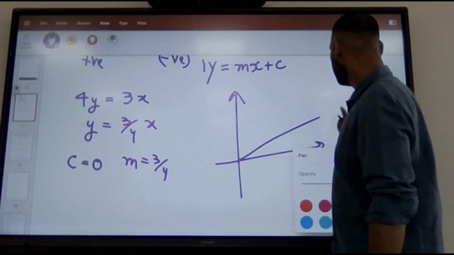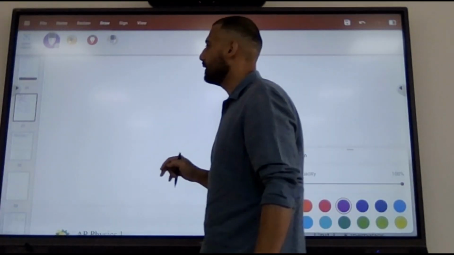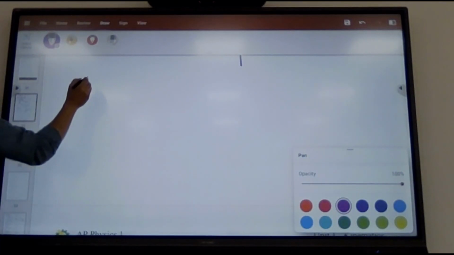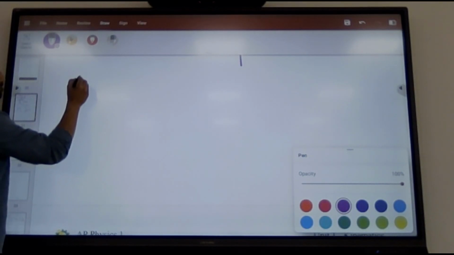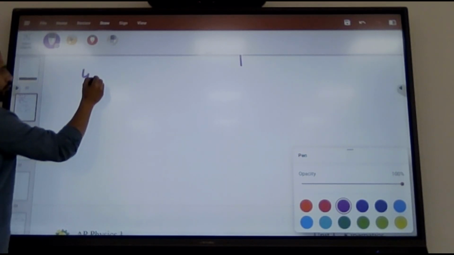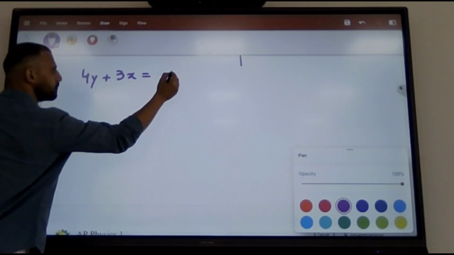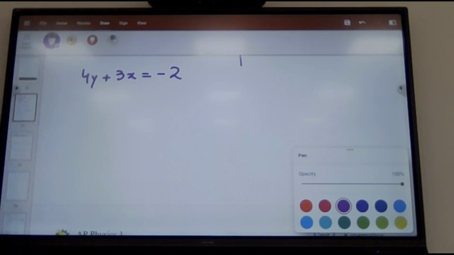Okay. Now tell me, how about this? 4y plus 3x is equal to negative 2. Tell me, how do you do this?